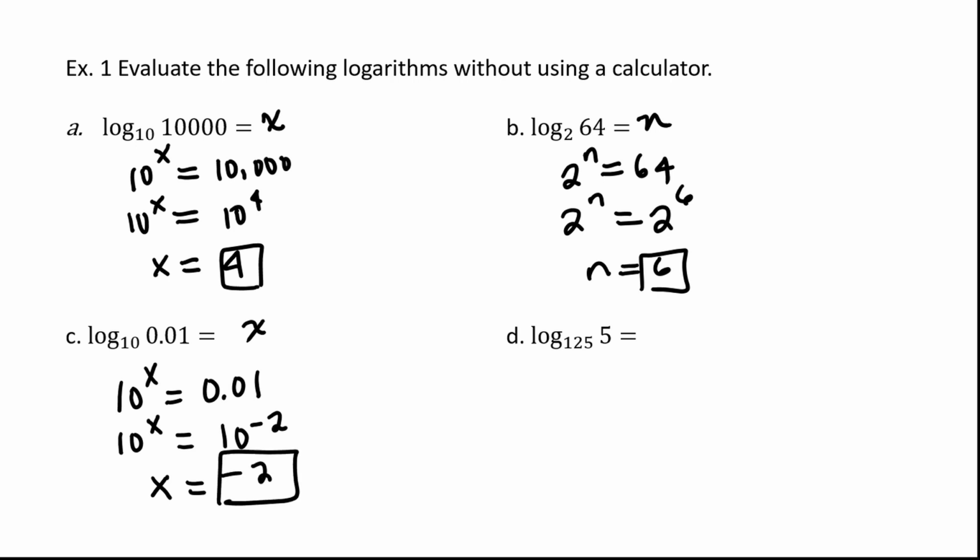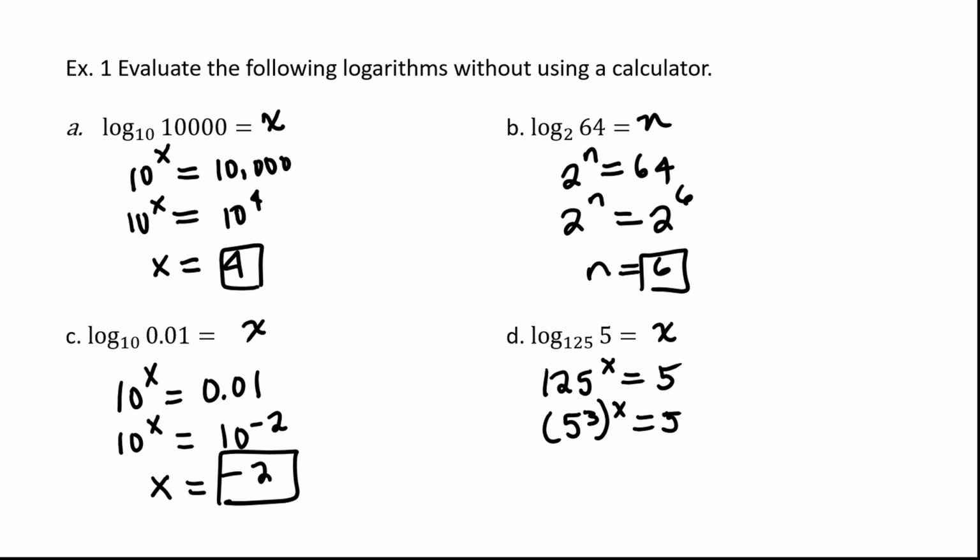And finally, part D, log to the base 125 of 5 equals some unknown, so we'll write that as x. Let's write this in exponential form. So 125 to the x equals 5. This time we're going to do our computations on the left-hand side and rewrite the 125 as 5 cubed, to the x equals 5.